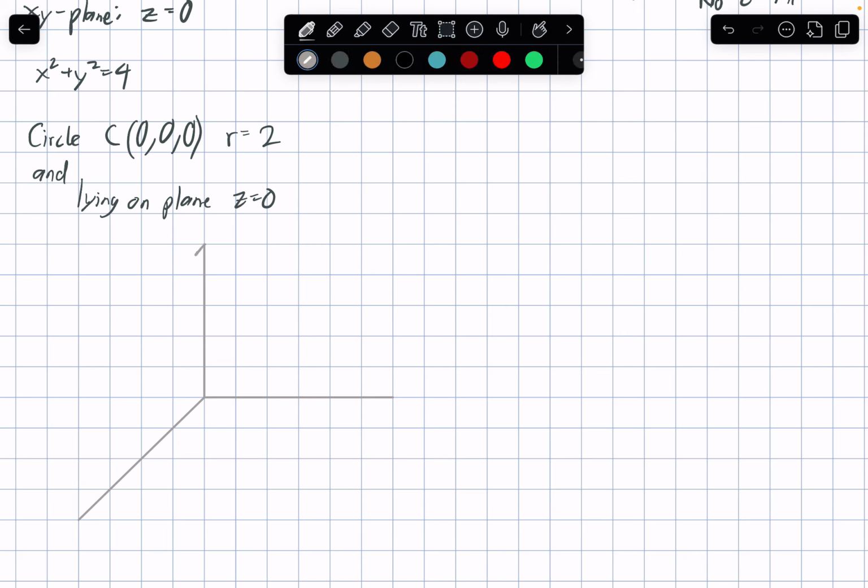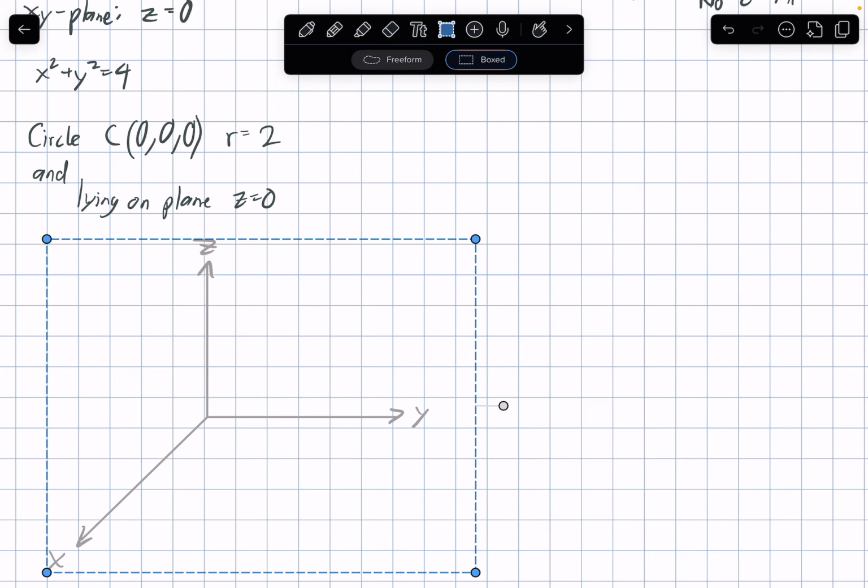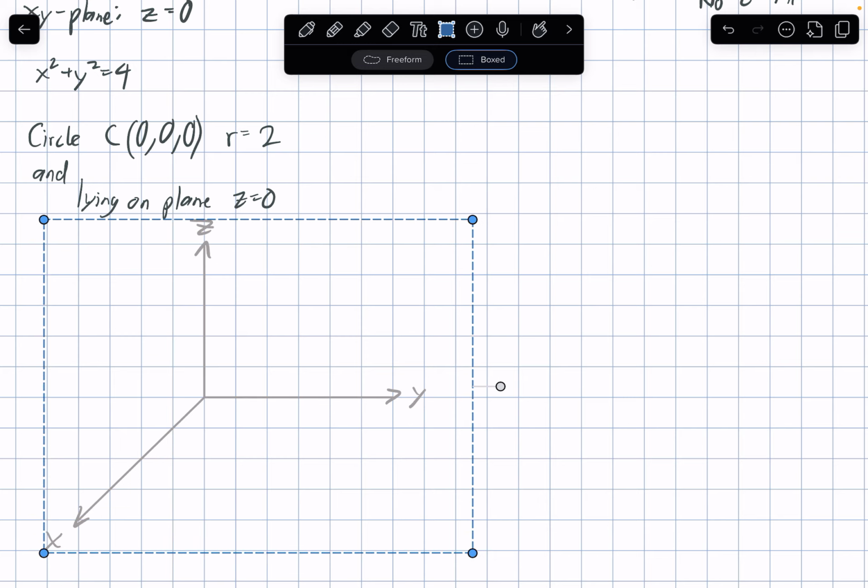Actually, let me try saving this for x, y, z. Save.